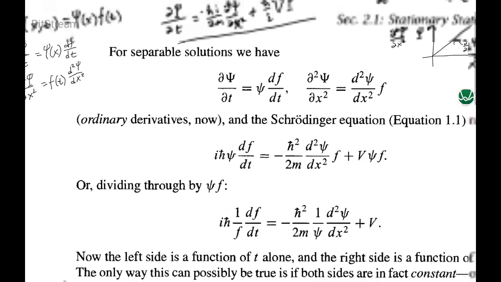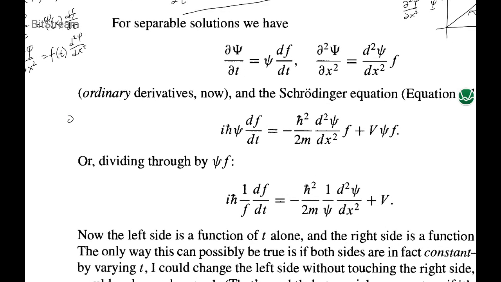So then if we replace that into our Schrödinger equation, which was del capital Psi del t, negative h bar over 2m del x squared, and then h bar over i, V, and then Psi, if we just flat out replace those through.